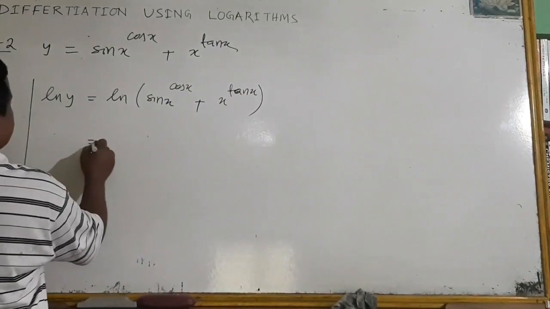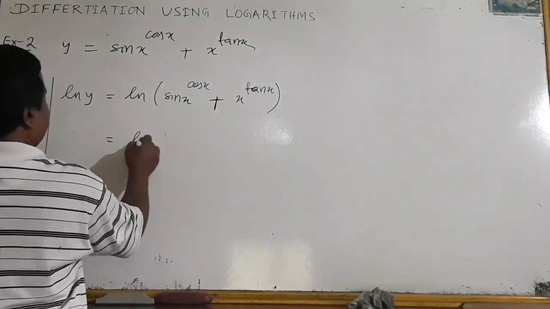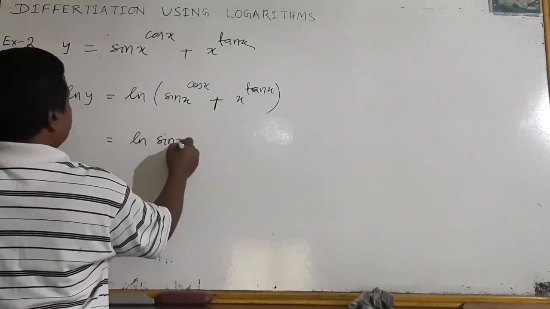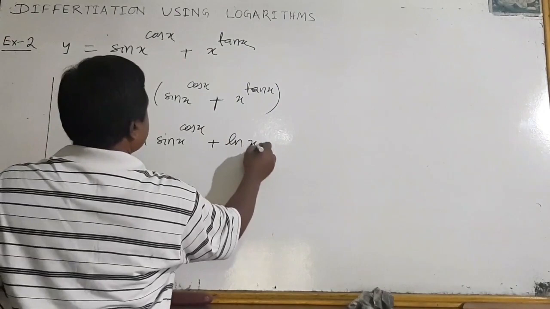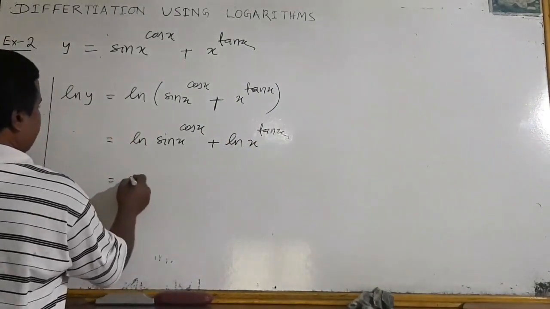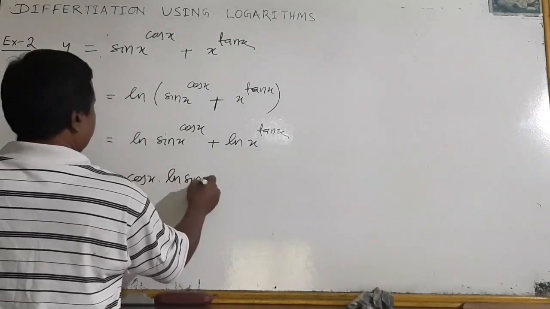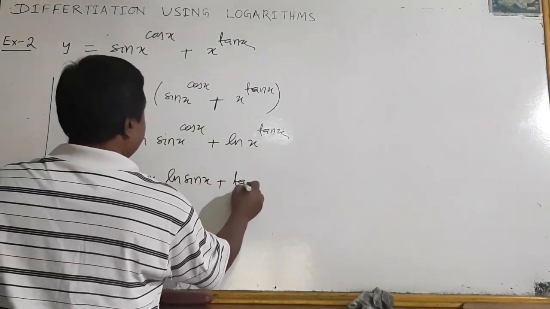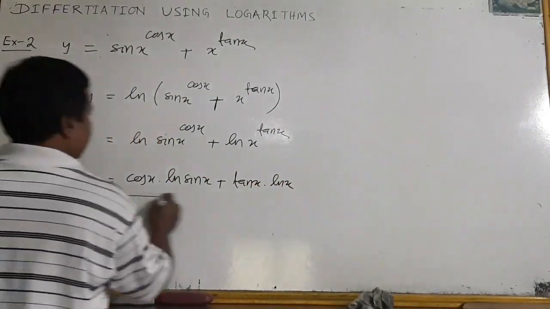This is equal to log a plus b. It is ln sin x to the power cos x plus ln x to the power tan x. Then they are doing like this, cos x ln sin x plus tan x ln x. I am making it one box.